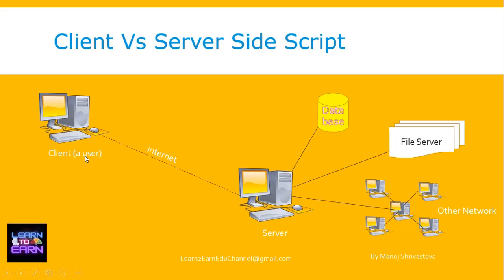All the validations which we do at the client side are called client side scripting. So JavaScript is client side scripting. We can validate our data before sending it to the server over the internet. And if we are processing any data at the server end, that is called server side scripting. Earlier it was VB script, but nowadays we can do a similar thing using node.js.